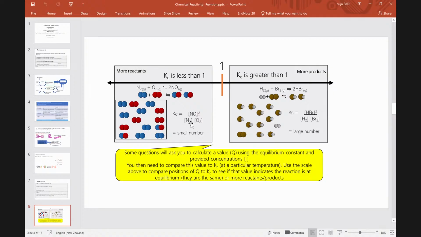So 1 mole of nitrogen molecule with 1 mole of oxygen molecule. And remember, these numbers are given to you. You don't need to remember them. If your final value of Kc is more than 1, then there are more products compared to the reactants.